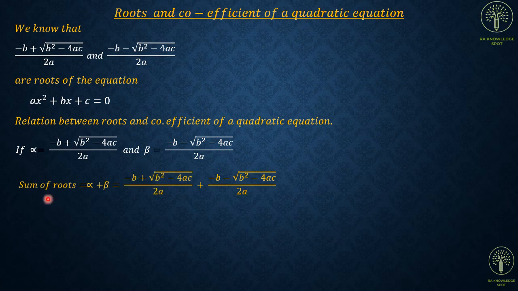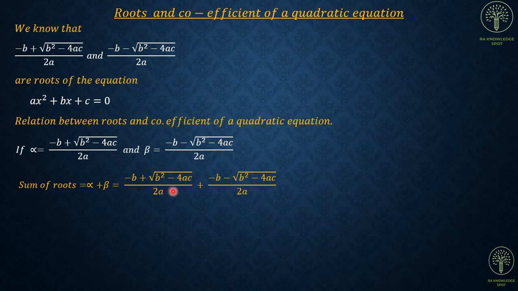Okay students, there is a question that your examiner asks, and you have to prove a relation: when we add these two roots, the sum of roots, what will be the answer? That is alpha plus beta. This is the value of alpha and this is the value of beta. We are going to add these two fractions.